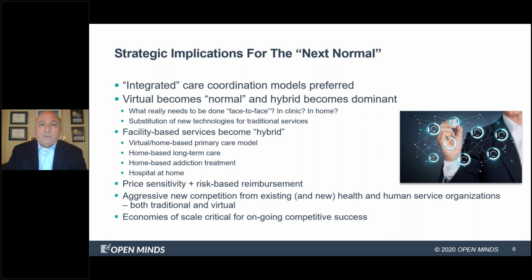New competition in the market is part of that new next normal, and certainly the ability for providers to grow or be part of a larger economy of scale to remain competitive is all part of that integrated whole person care kind of movement towards the delivery of services.